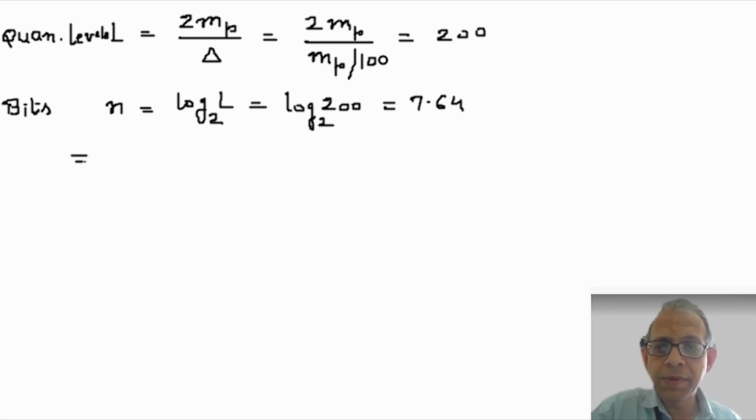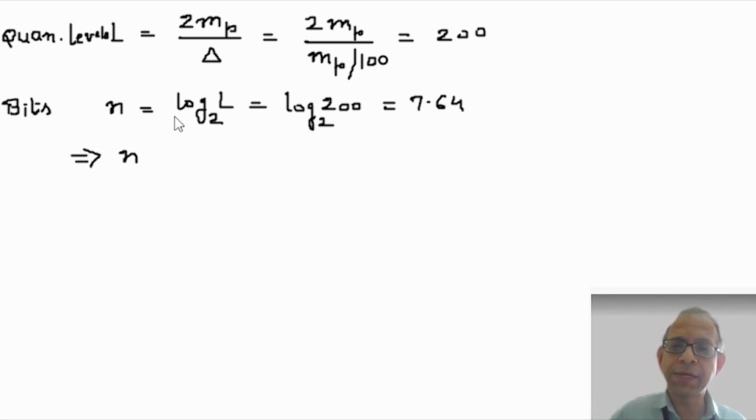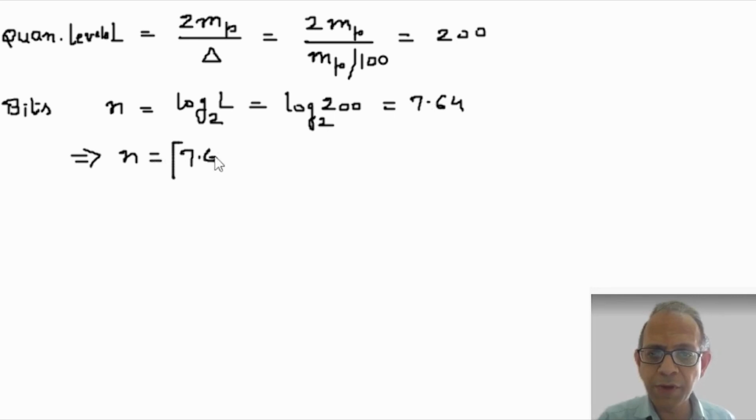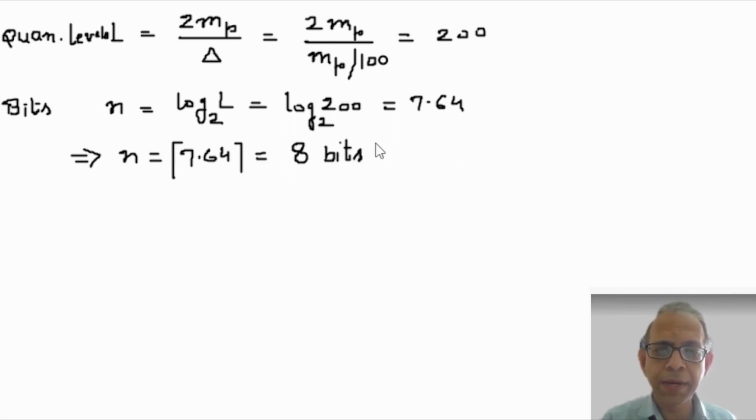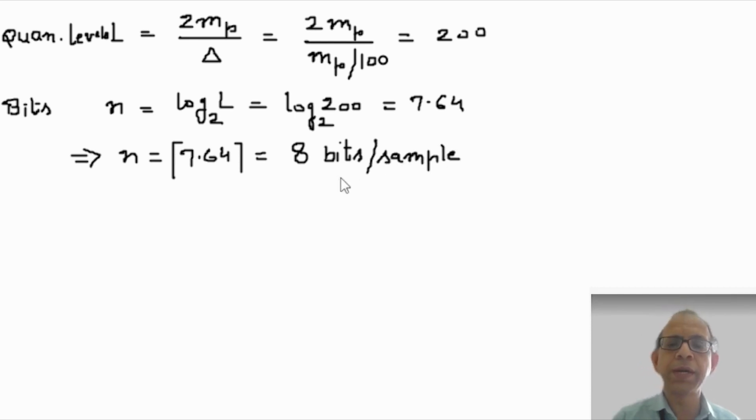Now the number of bits must be an integer, so we take the ceiling of 7.64, which is 8 bits per sample. So each sample is encoded using 8 bits.